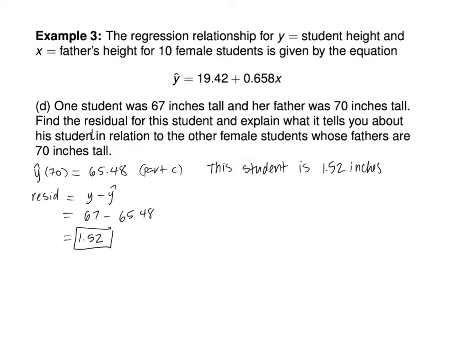So this student is 1.52 inches taller than she should be, because you must behave according to my equation, than other students whose dads are also 70 inches.